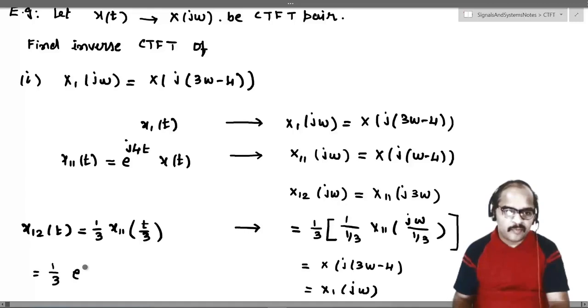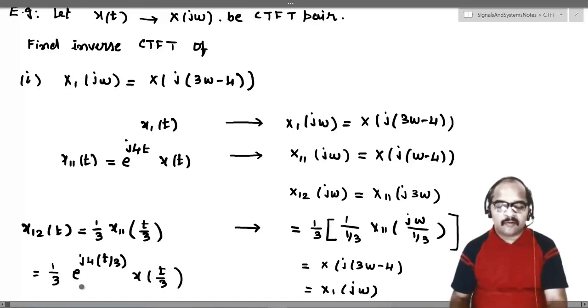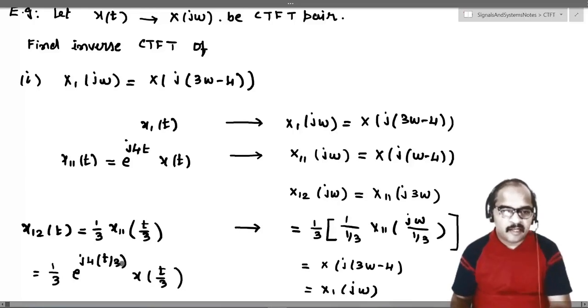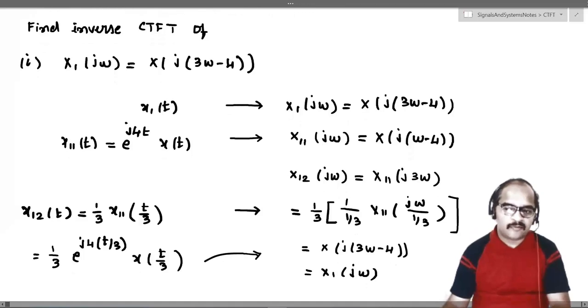So that should be e power j 4 times t by 3 multiplied with x of t by 3. So 1 by 3 times e power j 4t by 3 multiplied with x of t by 3 will have x of j 3 omega minus 4 as the Fourier transform. This is the reverse process of the previous example.